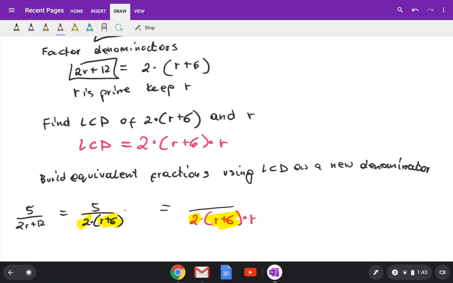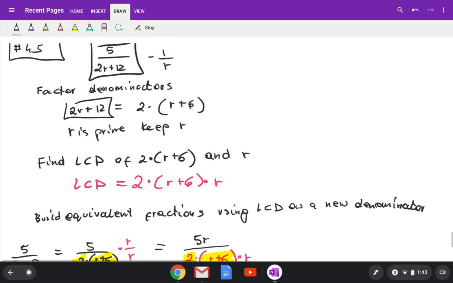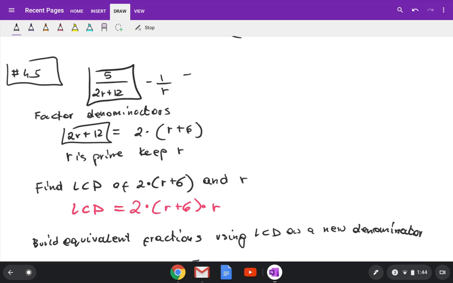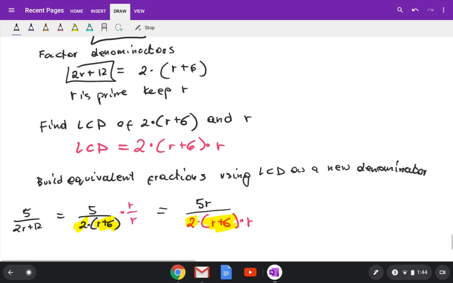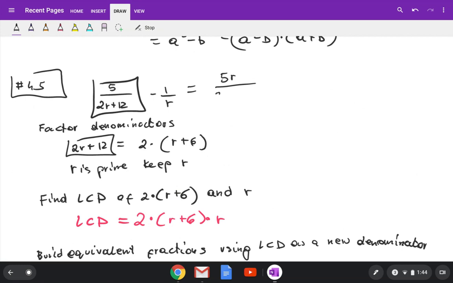So I multiply top and bottom by r. And we end up with 5r. Okay. So I'm going back to this problem. And 5 over 2r plus 12, I'm going to rewrite as 5r over 2 times r plus 6 times r. Okay. Then I copy this minus.